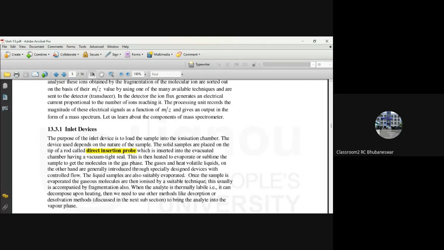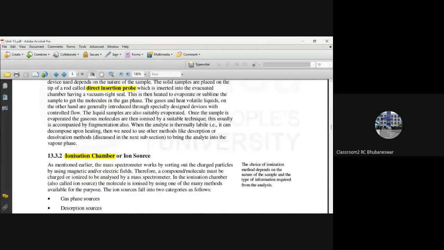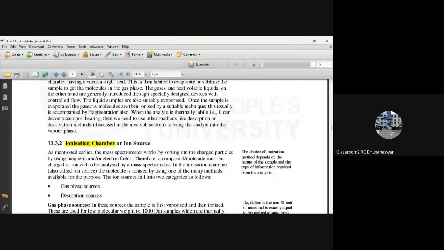And then you will have the ionization chamber where the ion source is. The choice of ionization method depends on the nature of the sample and the type of information required from the analysis.